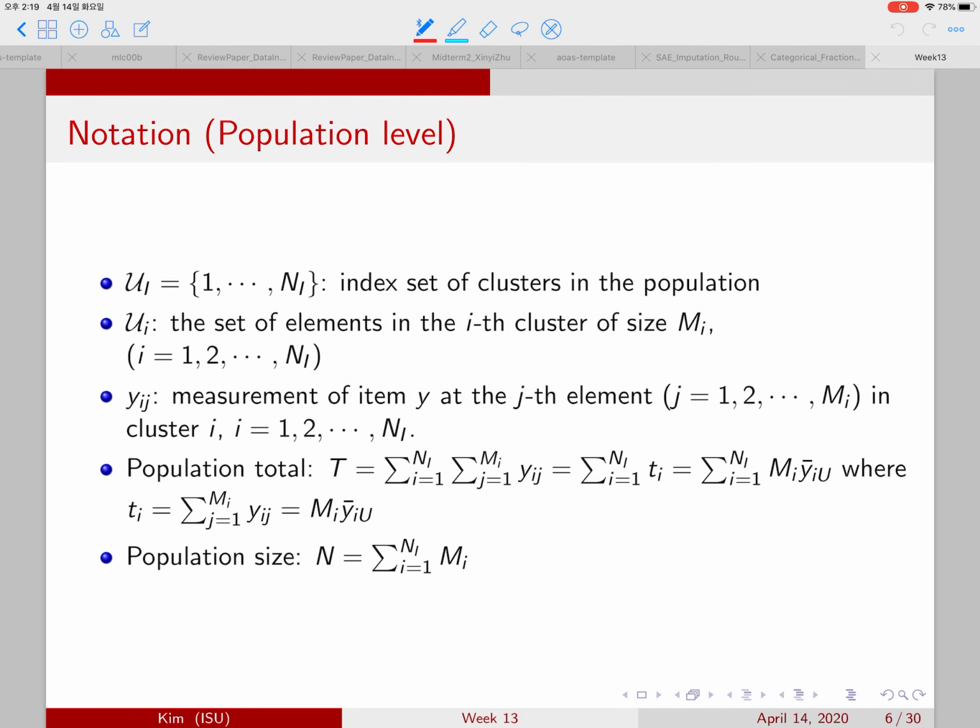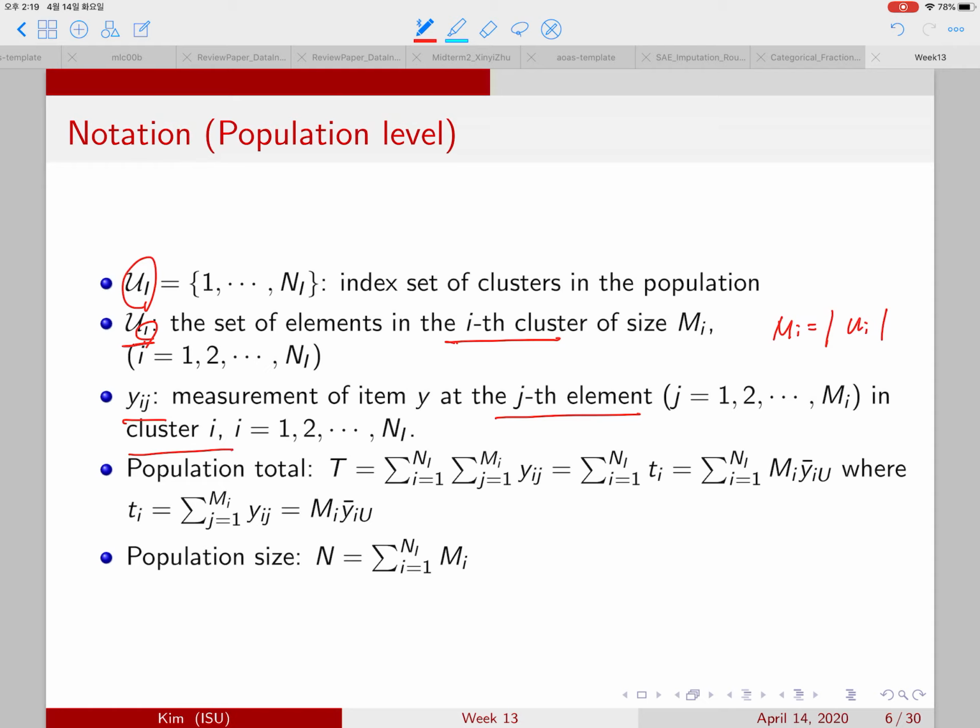Now let's introduce some notation for cluster sampling. Script U_I is the index set of clusters in the population. Small i means the i-th cluster, and M_i is the number of elements in cluster i, and y_ij is the measurement of item y at the j-th element in cluster i.